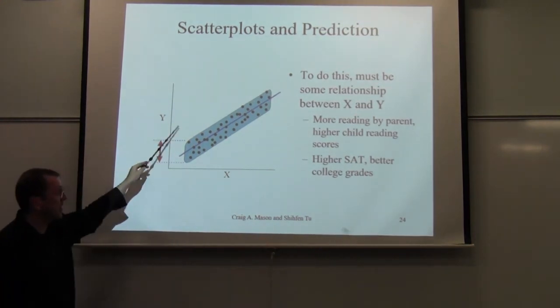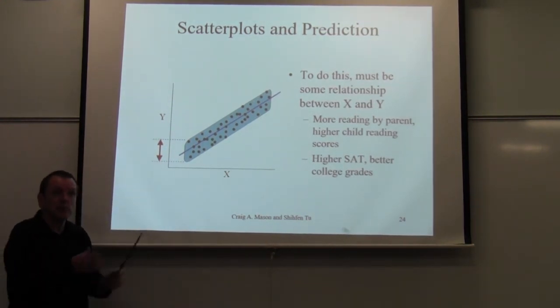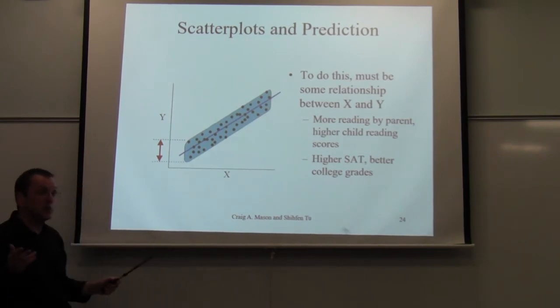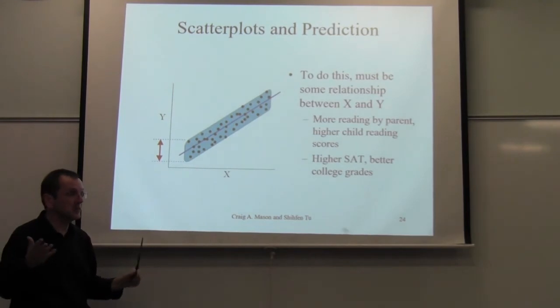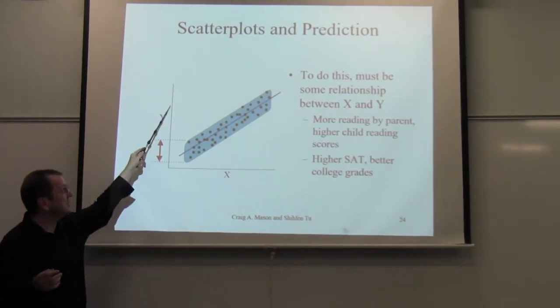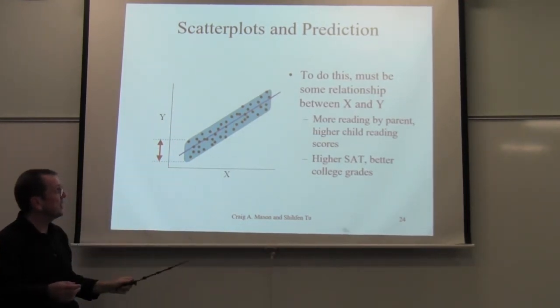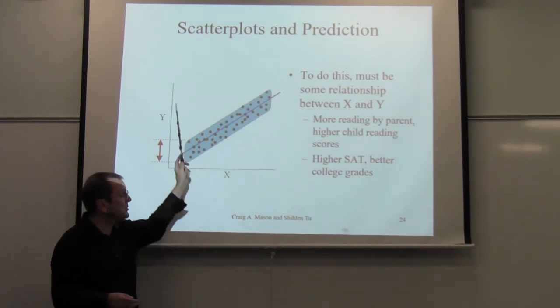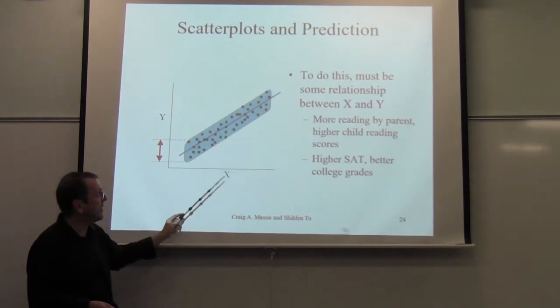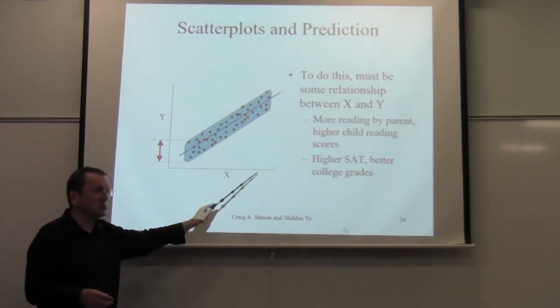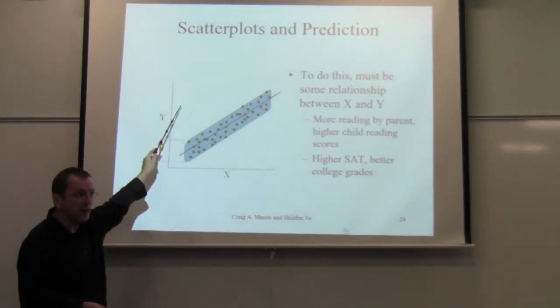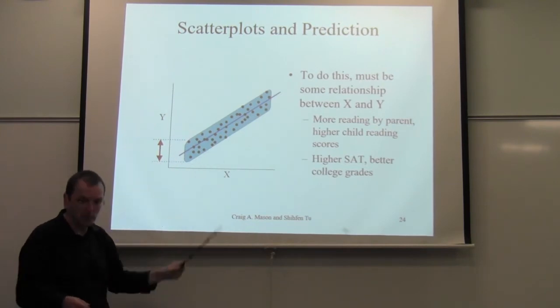If you're trying to do a regression of shoe size and SAT scores, it's not going to work. For example: higher SAT scores, better college grades; more reading by the parent, higher child reading scores; kids who study more do higher in high school math.